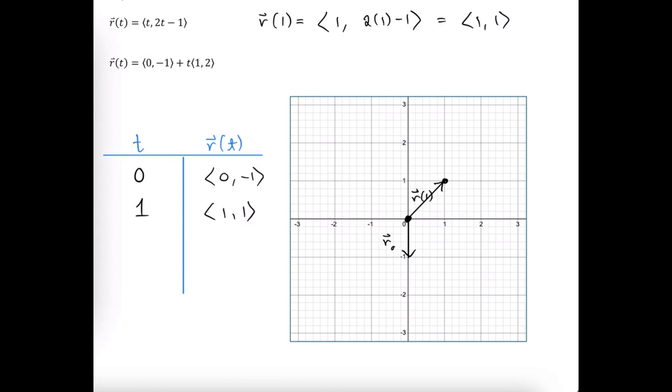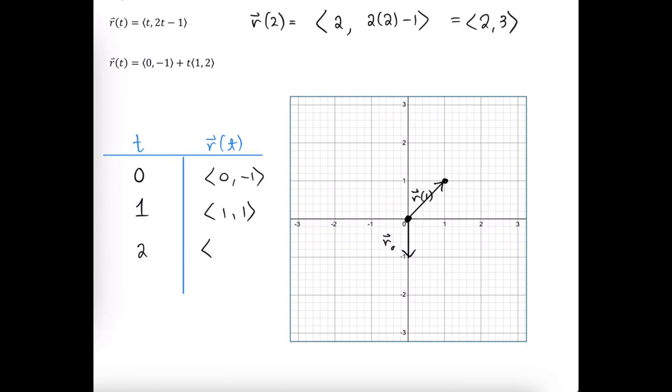Now, let's look at the vector function evaluated at 2. We're going to plug 2 in for the parameter in either one of these vector functions, whichever one you want to work with. And the 2 plugged in for the parameter is going to be 2 as the horizontal component, and then 2 times 2 minus 1, which is going to be 2 and 3.